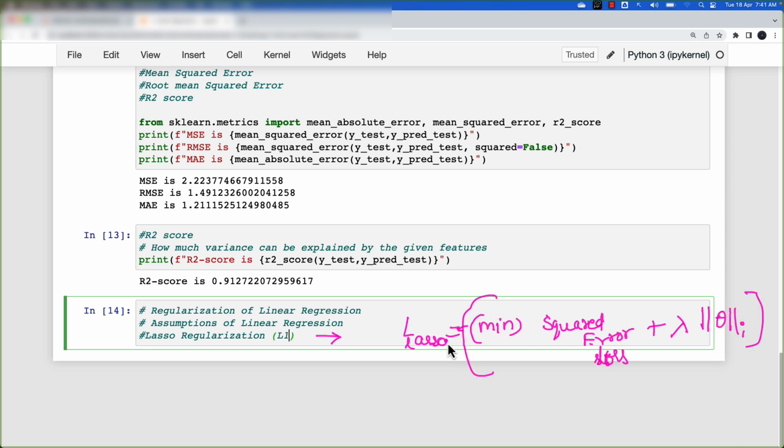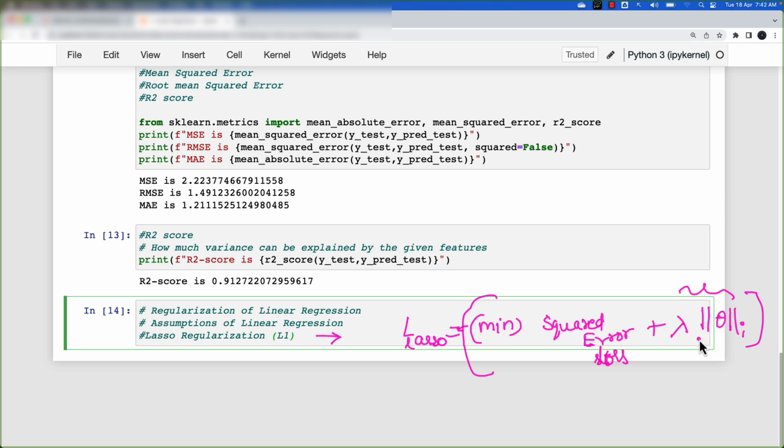This is the overall representation of the Lasso loss function. The squared error loss is the general loss criterion that we use whenever we perform a fit with the linear regression algorithm. On top of that, I'm going to add the absolute value of the magnitude of the coefficients.